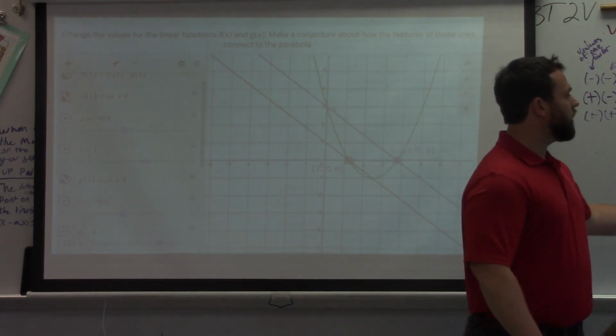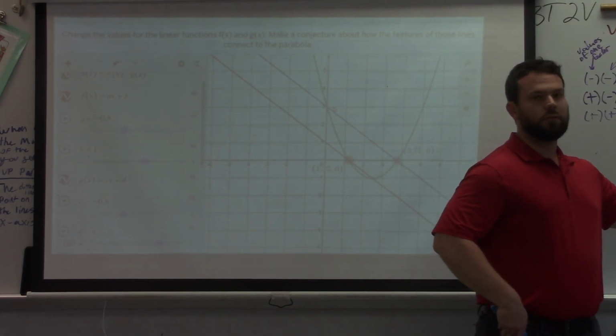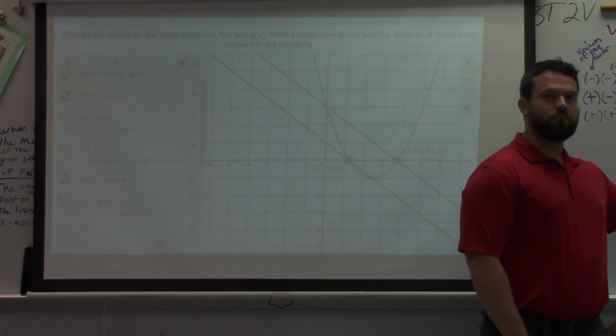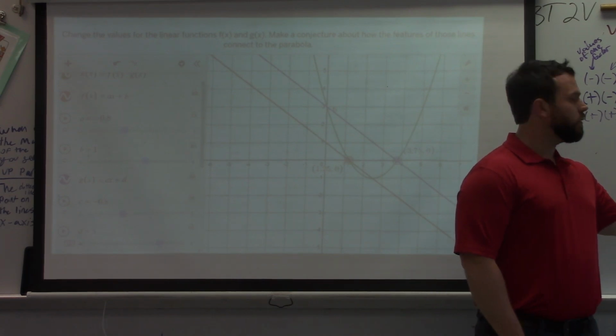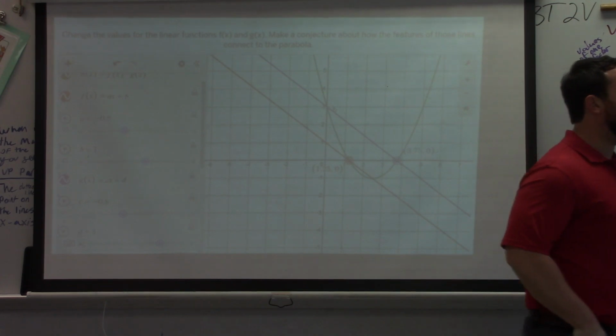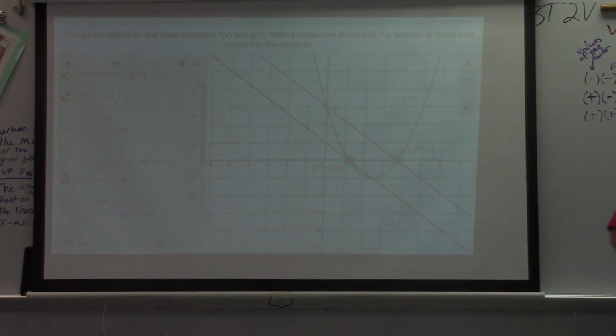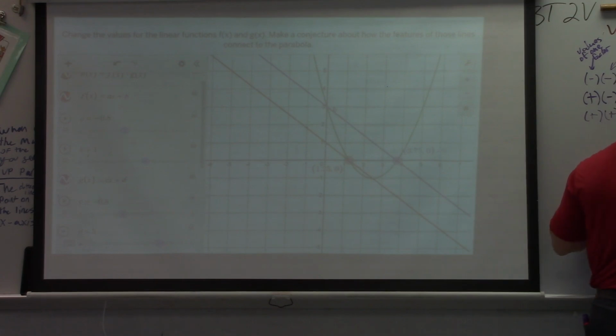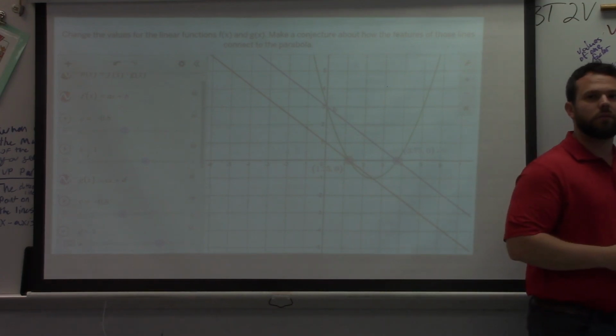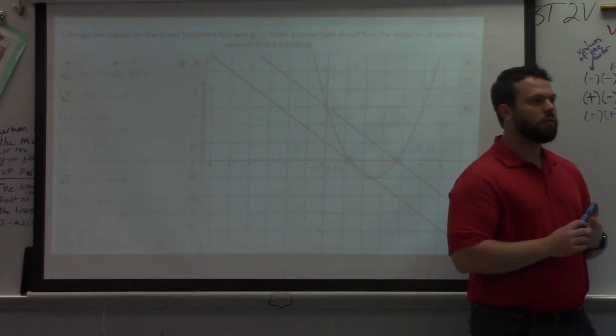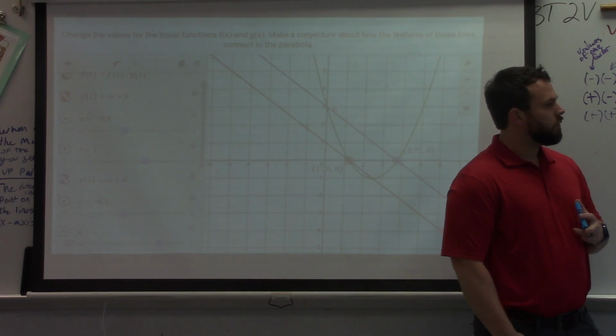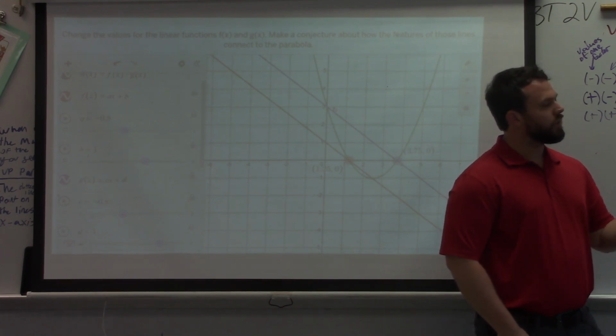Would this parabola be concave up or concave down? Down? Why? I see a negative and a positive. Negative and positive what though? Negative 2 and 3. So would this be concave up or concave down? It'd be down. Well, it's two positives, I thought that would be up.